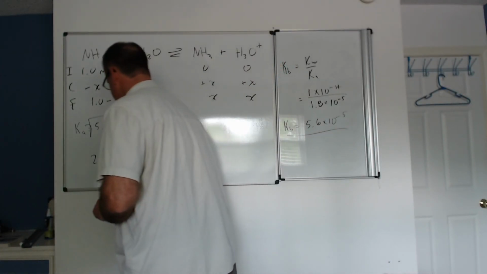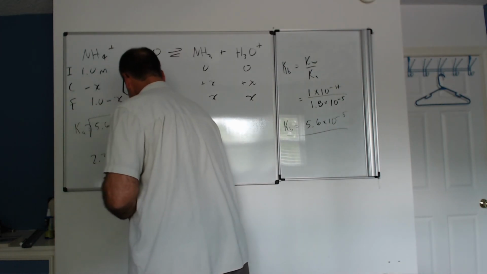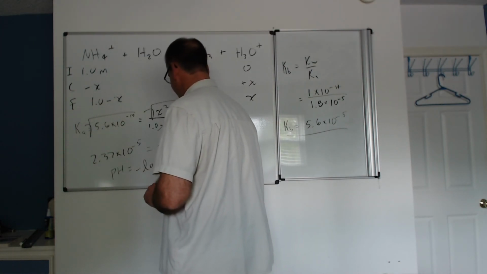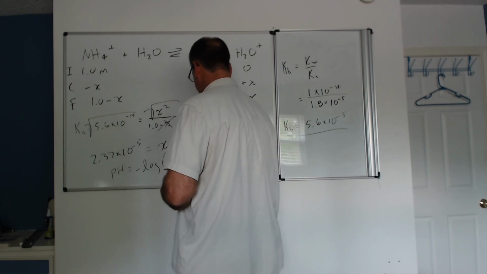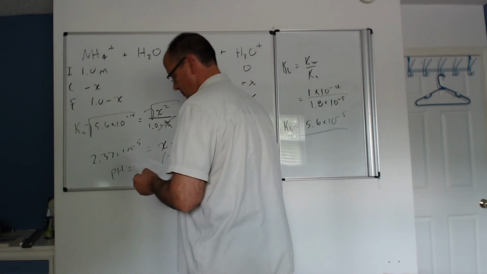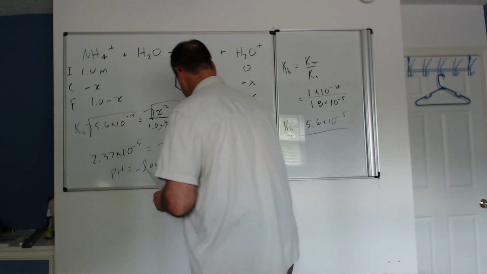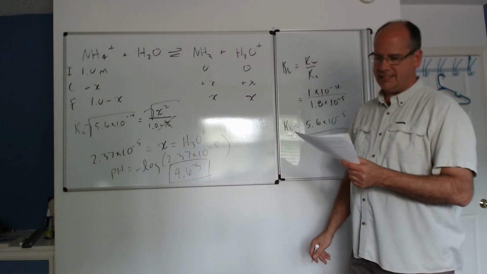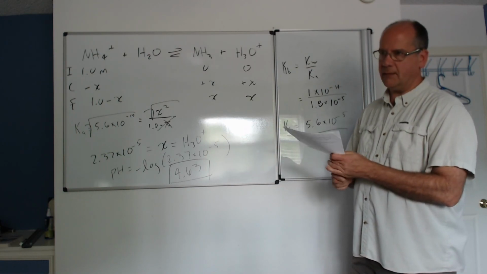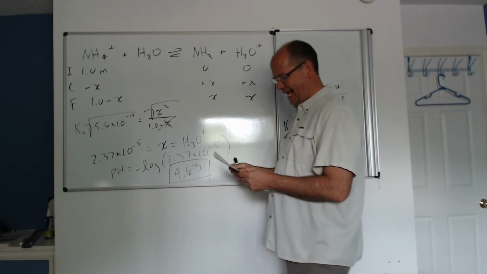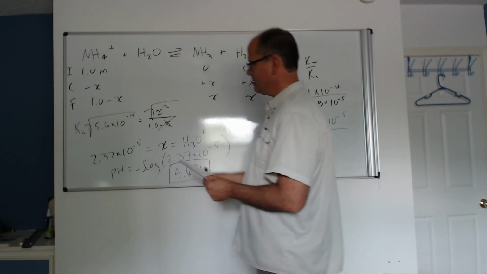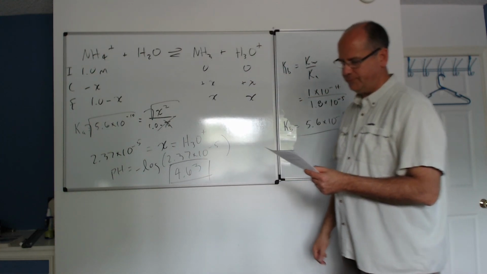And so the pH is the negative log of that. And that's going to be 4.63. So the answer to number 4A, determine the pH of all of them, is 4.63.